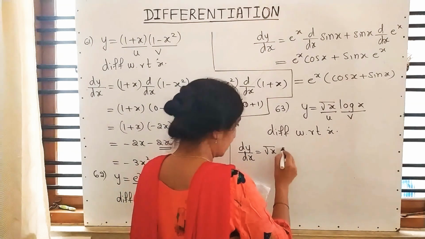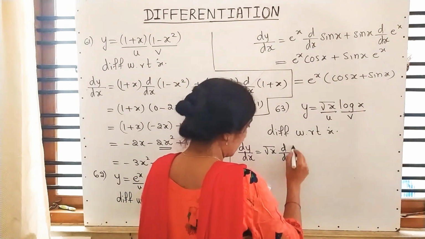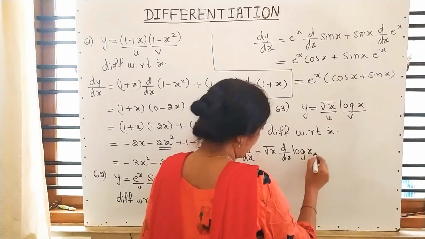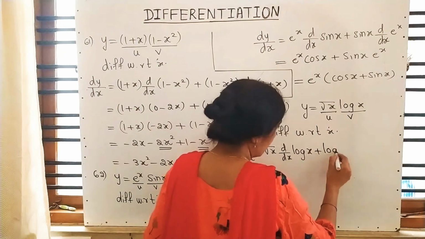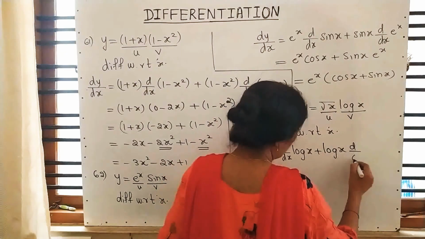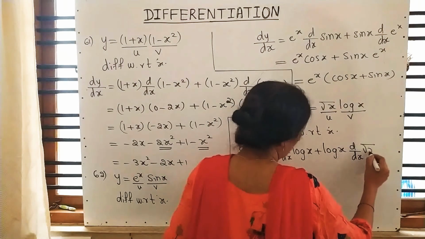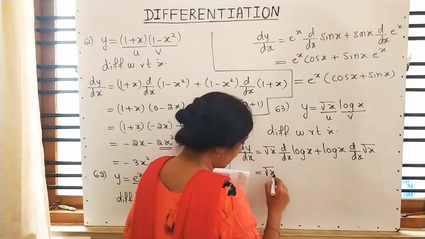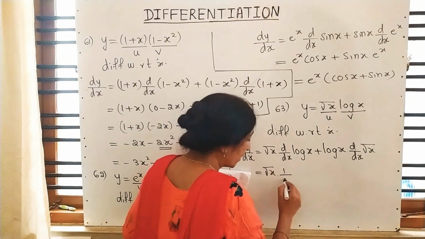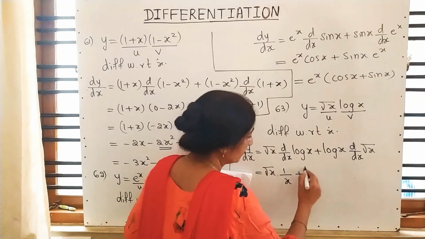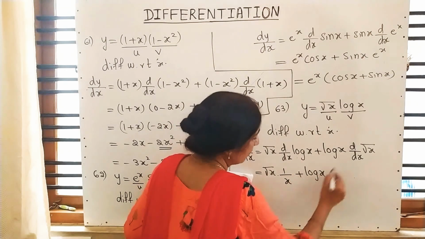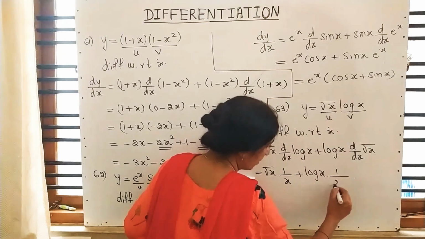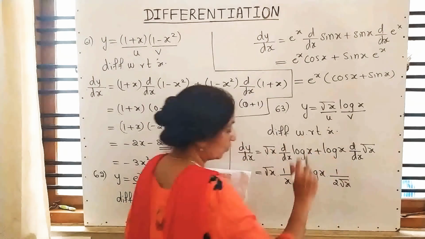Root x as it is, differentiation of log x plus next log x as it is, differentiation of root x. See, this is before differentiation, keep as it is. Differentiation of log x is 1 by x plus log x. What is differentiation of root x? 1 by 2 root x.